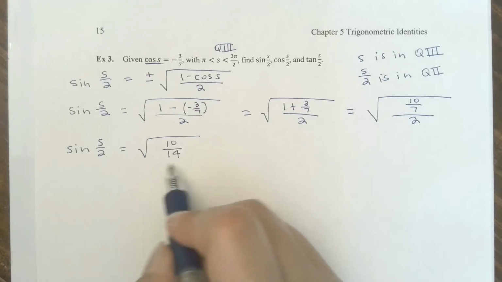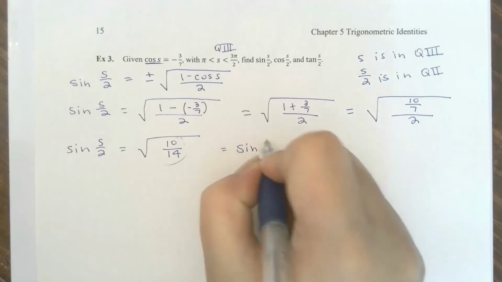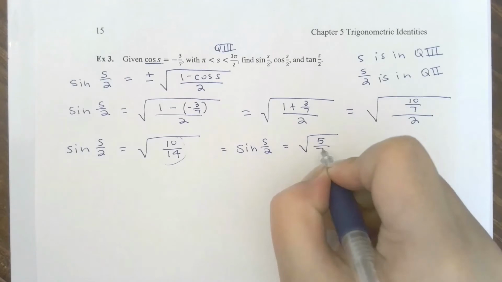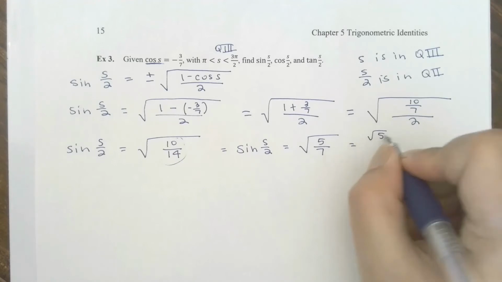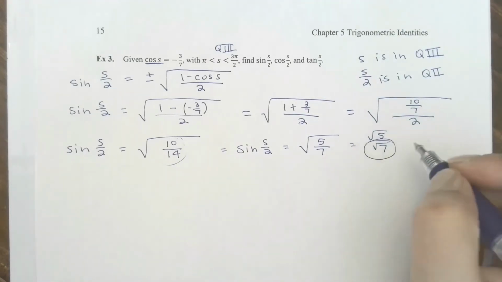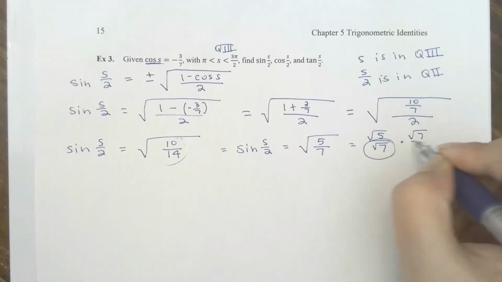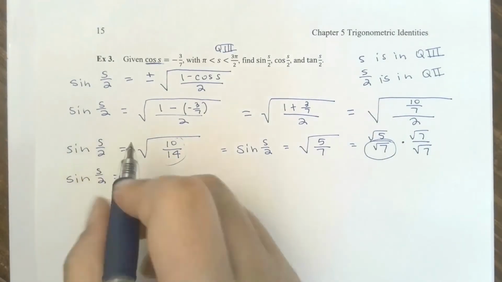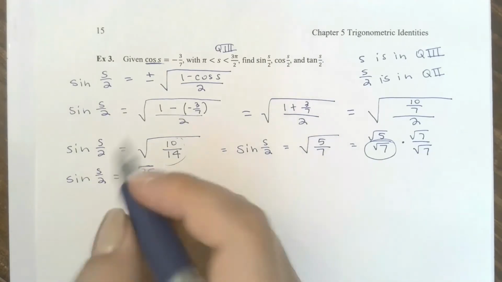Simplifying this fraction, sine of s over 2 is equal to the square root of 5 over 7, which is the square root of 5 over the square root of 7. Don't forget, we don't want to leave radicals in our denominator, so we rationalize. Multiply the top and the bottom by square root of 7, and sine of s over 2 gives me square root of 35 over 7.